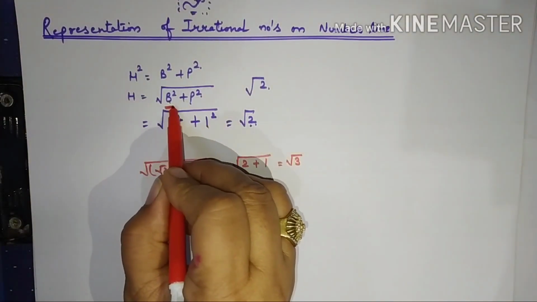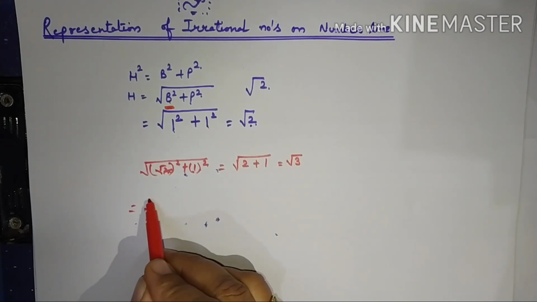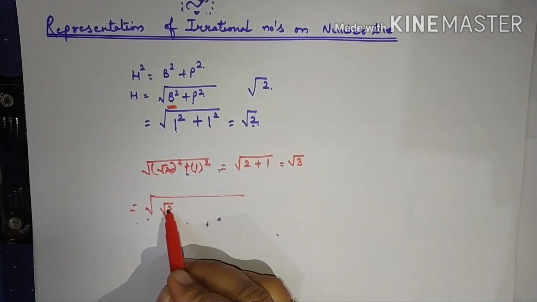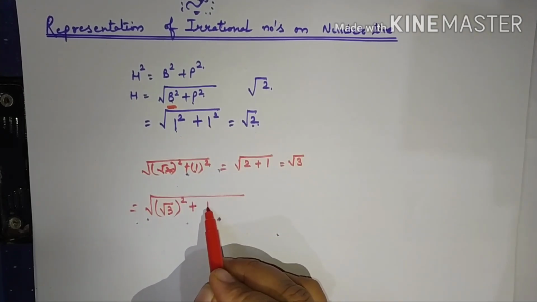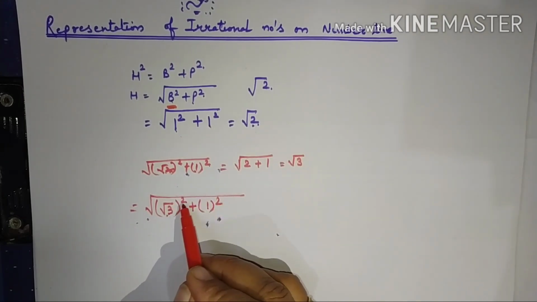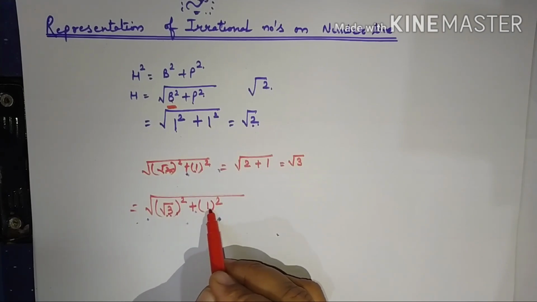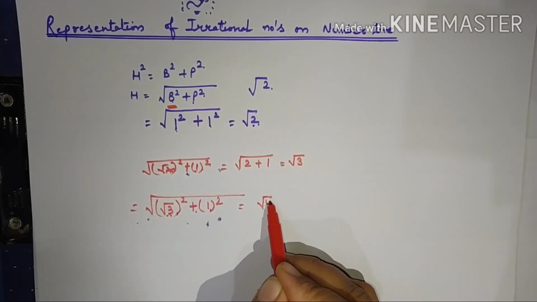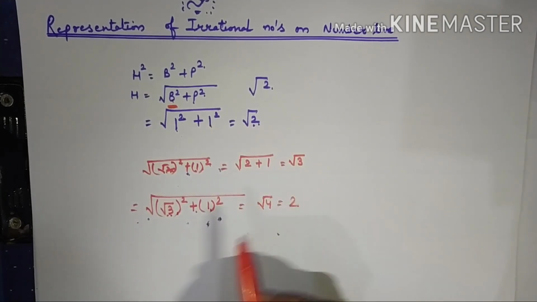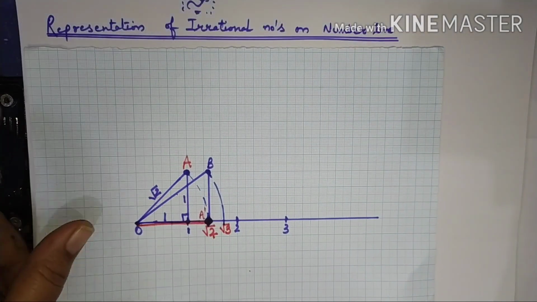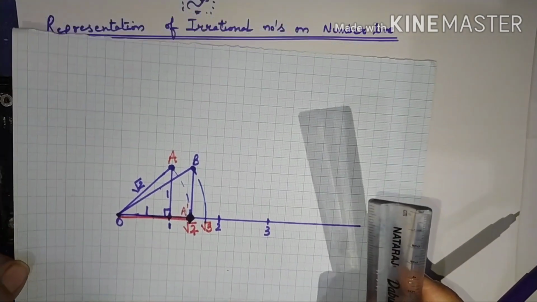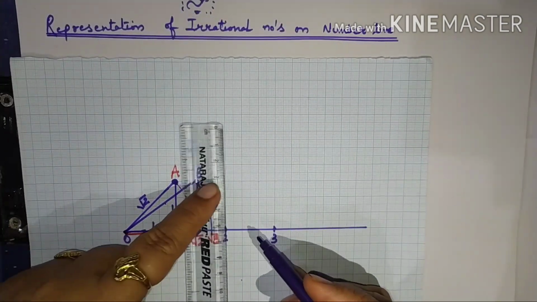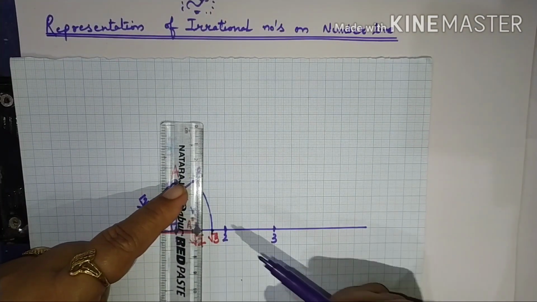Again, if the base is root 3, its square is 3, plus the perpendicular unit 1, it will be root 4, and root 4 is 2. Let me try this also. This is root 3.